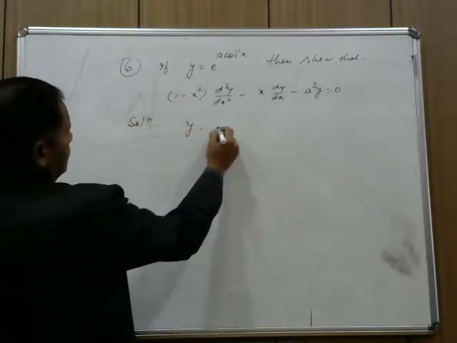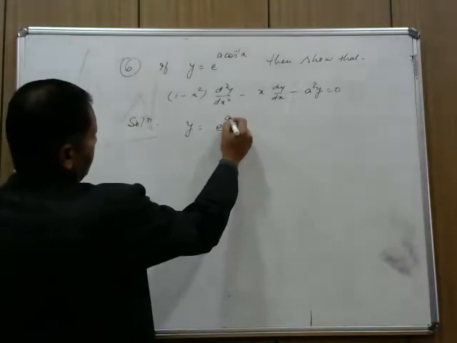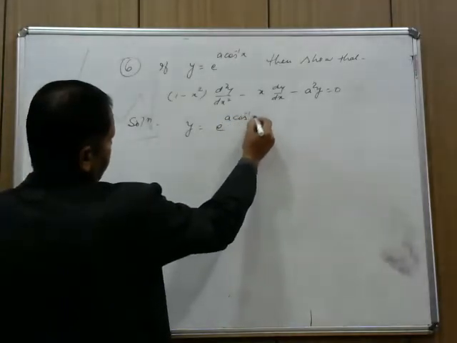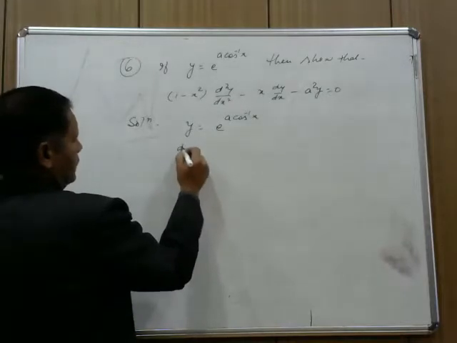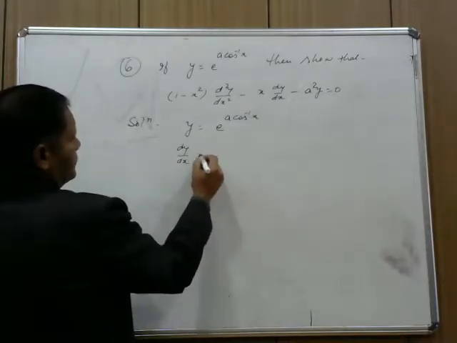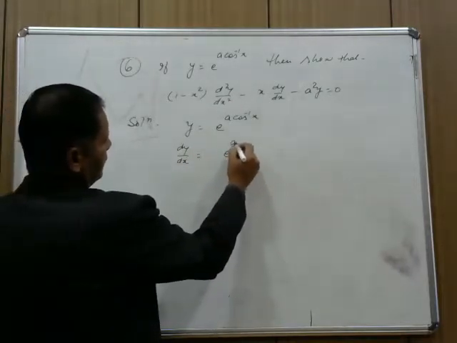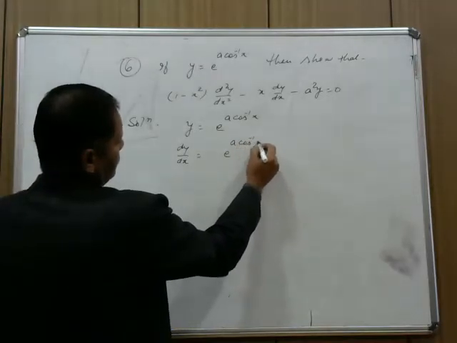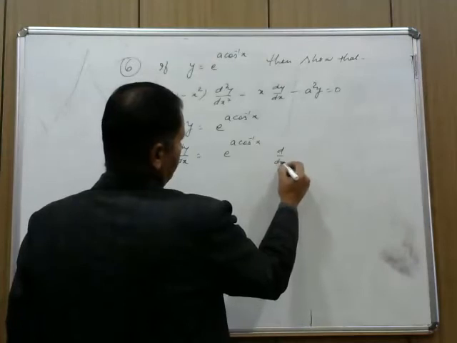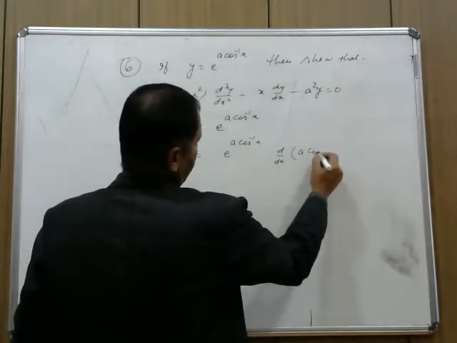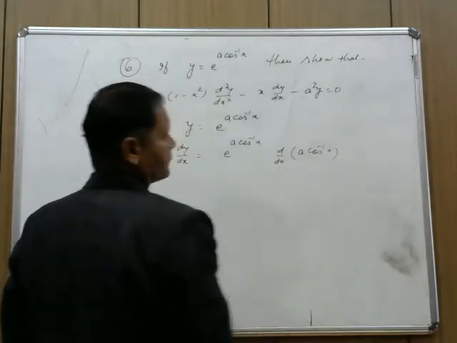y is equal to e to the power a cos inverse x. Differentiating with respect to x, dy by dx is equal to e to the power a cos inverse x into the differentiation of a cos inverse x.